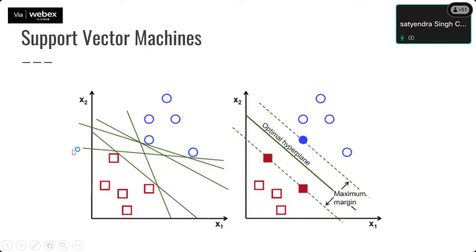For each hyperplane or each line, the model calculates the margin, and the particular hyperplane which has the maximum margin is basically the best fit hyperplane for that particular data.